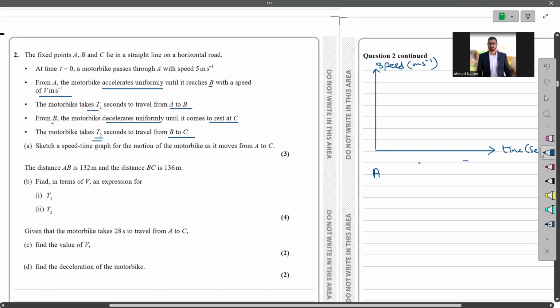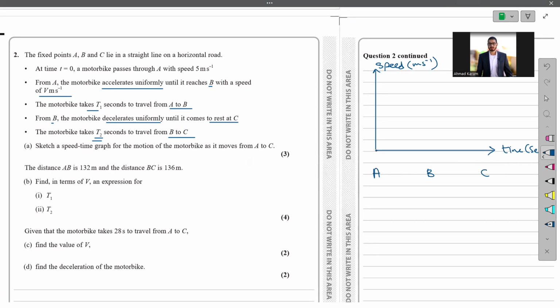So I'm going to start first. We have here point A, then point B, then point C. At point A, t equals 0, and the speed is 5. At point B, the time is t1, and the speed, it accelerates till the speed is V. From point B to point C, it decelerates till it comes to rest.